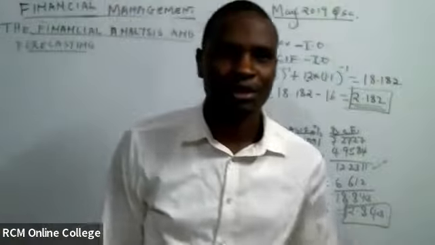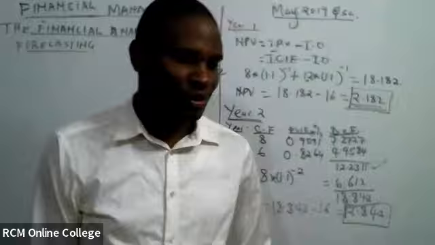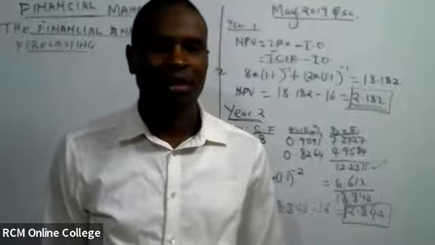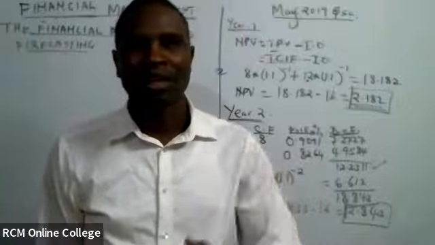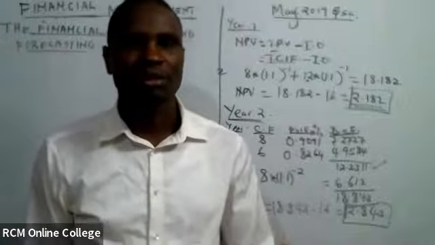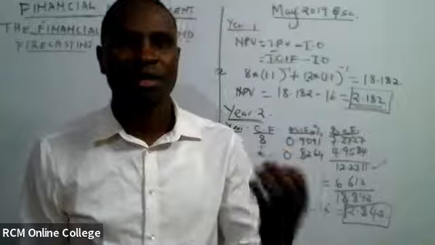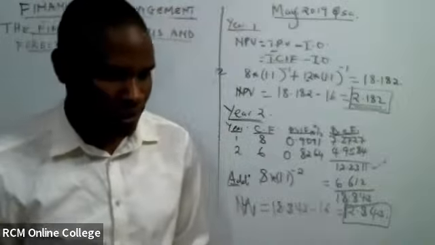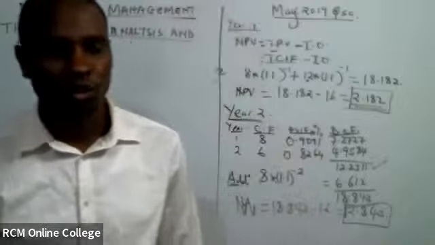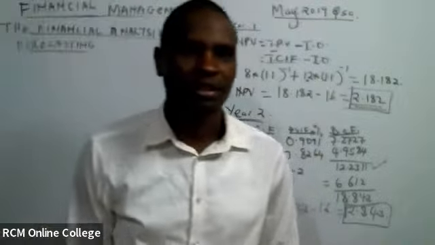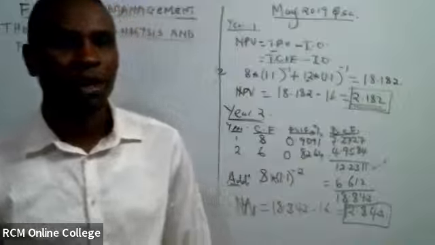In fact, under financial management, we shall not go beyond the statement of financial position. Just look at the two, the income statement and the statement of financial position. The cash flow, where do you look at it? In financial reporting.